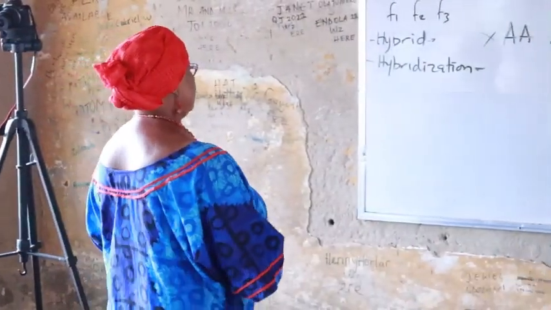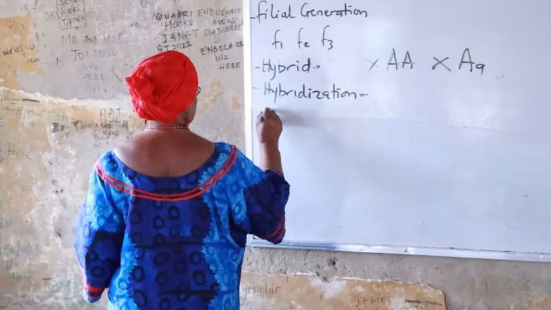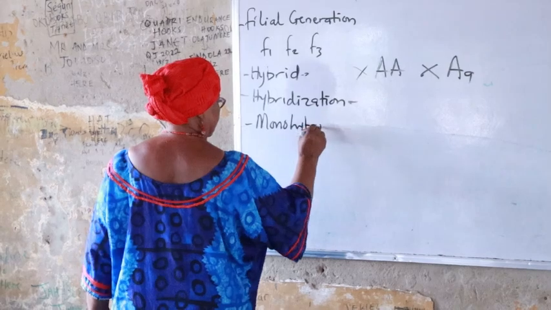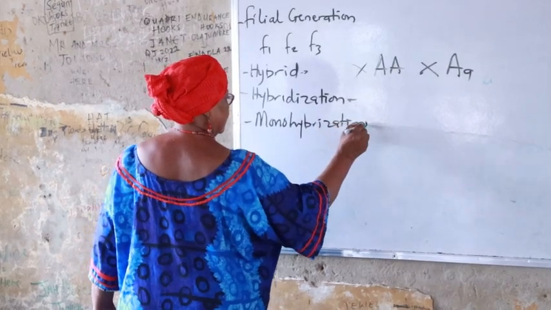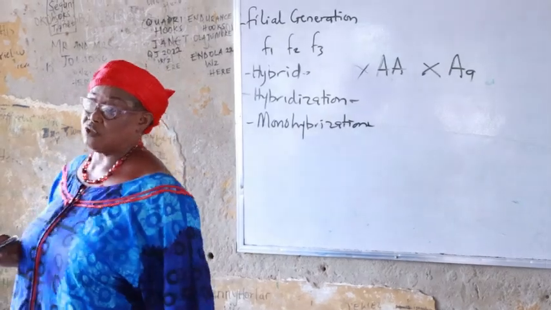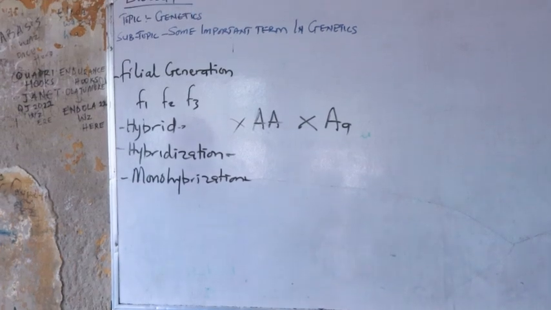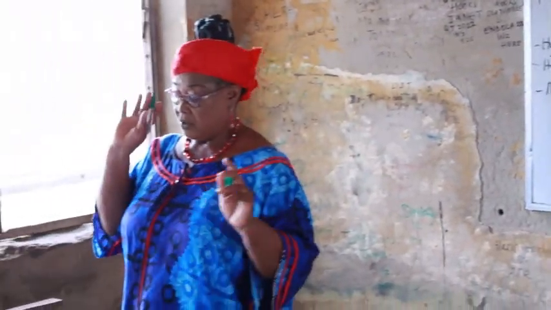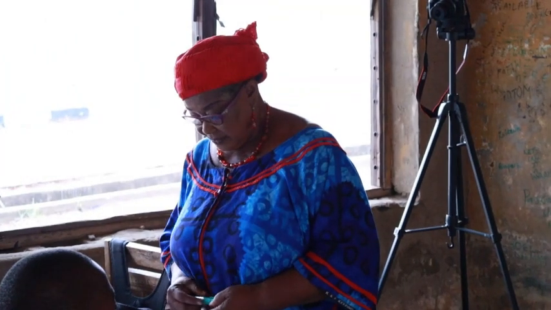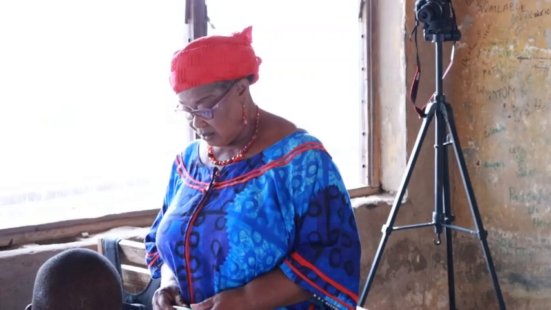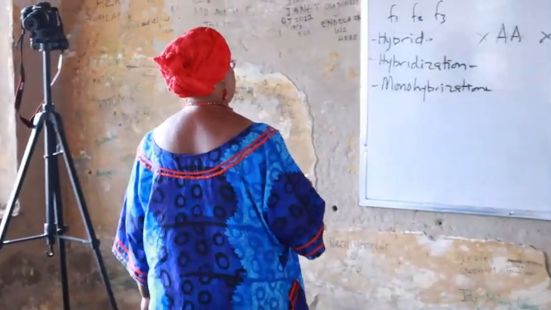They will have monohybridization. So this is a crossing of two pure characters, two pure characters or traits. Another one is dihybridization.